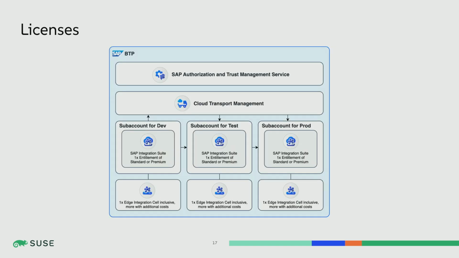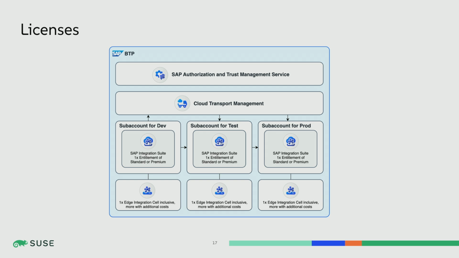So yeah, here one more picture of that to make this more understandable. But I think the text is a little bit too small. So here's one Integration Suite with one entitlement of a standard or premium Integration Suite, and you have one Edge Integration Cell included for this stage, development, and then you have the same for test and production.